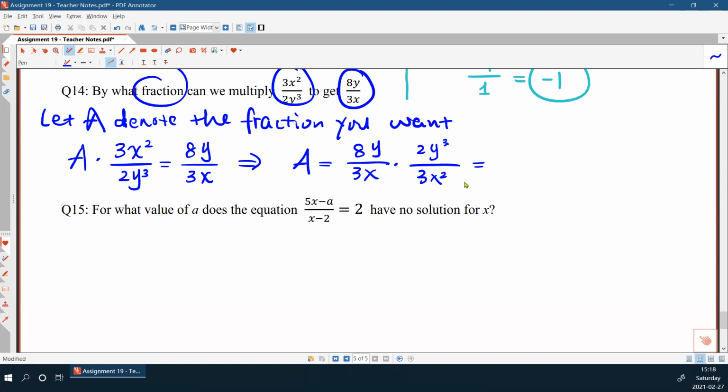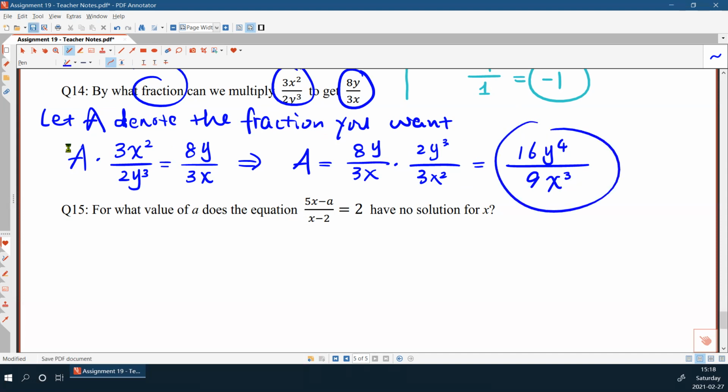This gives you A equals 16y to the fourth over 9x cubed. This is the fraction you are looking for. Understand? Any questions?